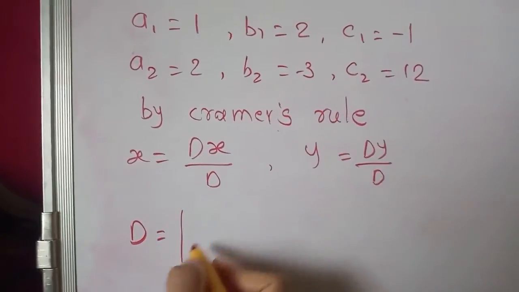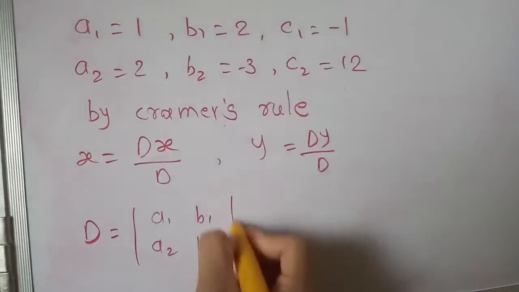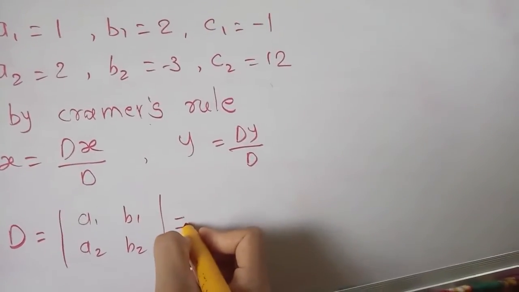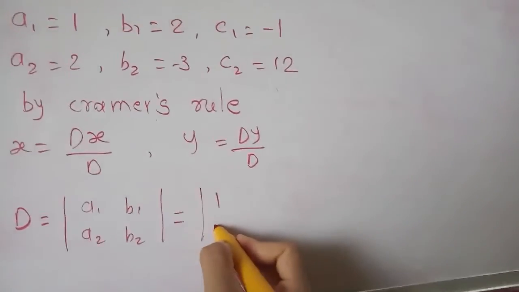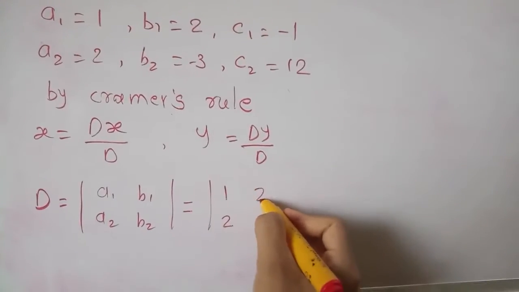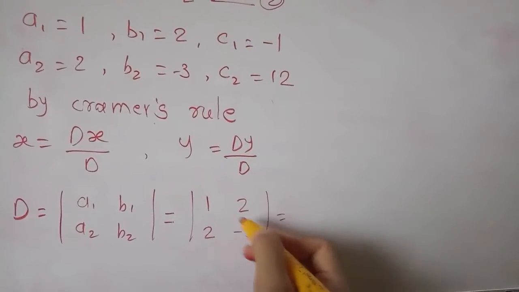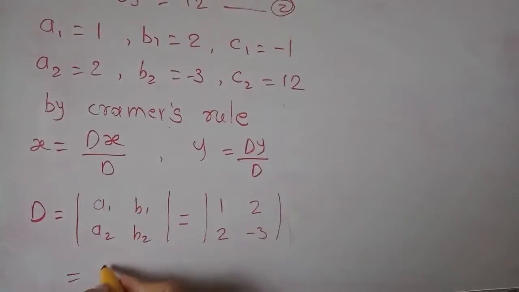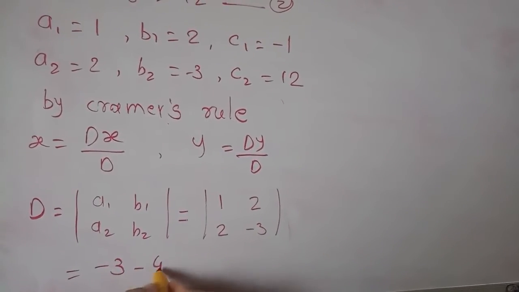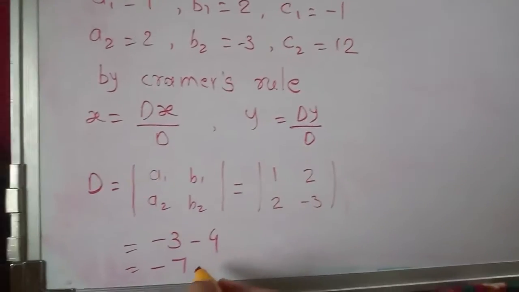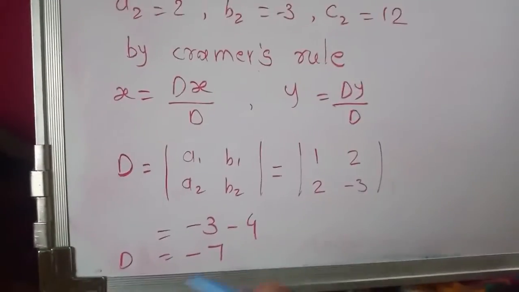So d is equals to determinant of a1, a2, b1, b2 is equals to a1 is 1, a2 is 2, b1 is 2 and b2 is minus 3. So is equals to minus 3 minus 4. So minus minus plus 4 plus 3 is 7 and minus sign. So value of d is equals to minus 7.